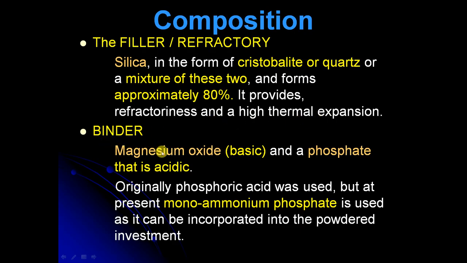Binder is magnesium oxide, and as I've already told you, magnesium oxide and monoammonium phosphate act as a binder. Originally phosphoric acid was used, but at present monoammonium phosphate is used, and it can be incorporated in the powdered investment.